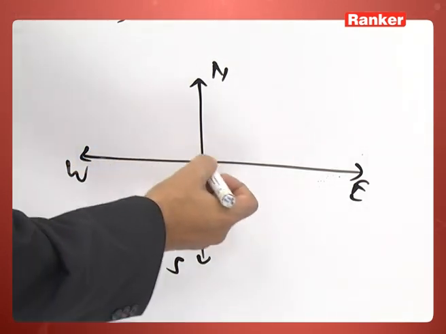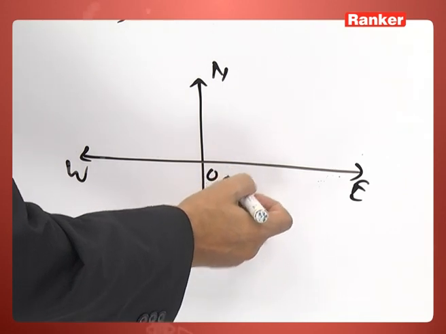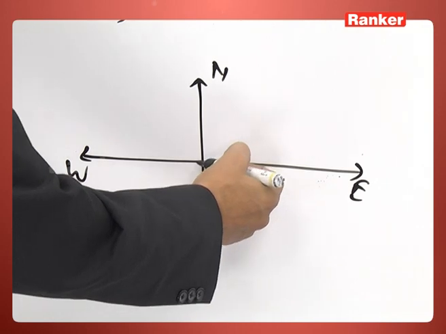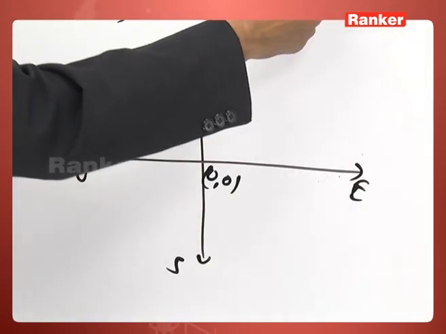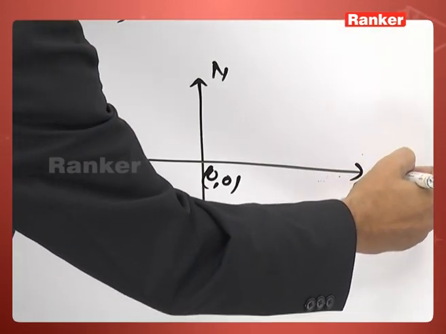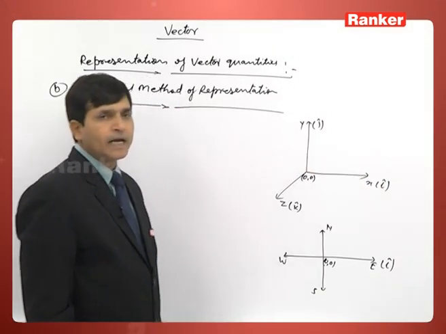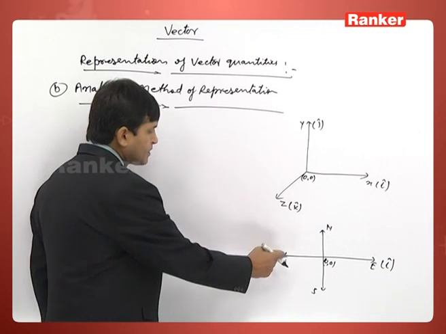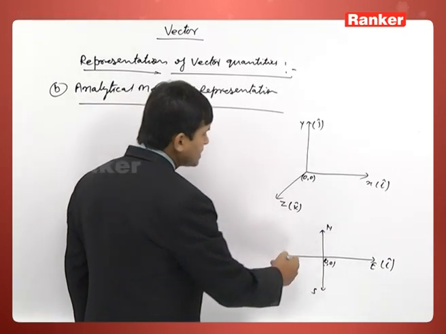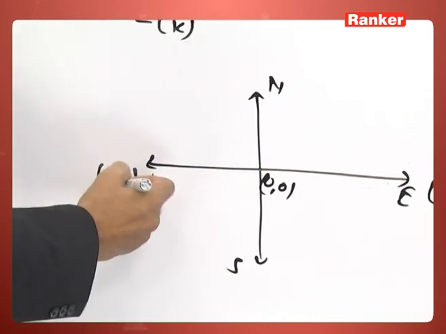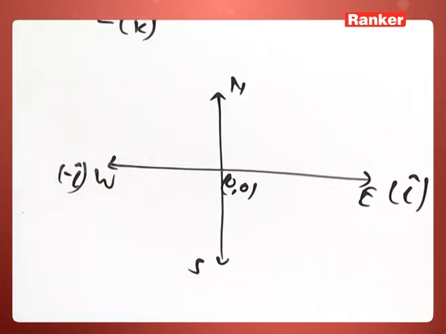In our coordinate system, considering the origin, from the origin the right side is the x axis. So east we can say is the x axis, and we represent it with i cap. Similarly, west, opposite to east, is the minus x axis, so minus i cap.